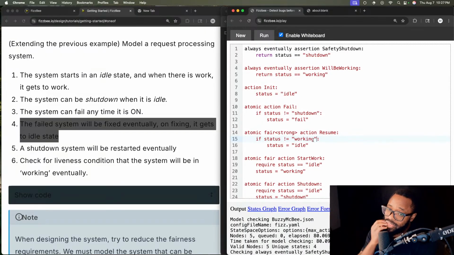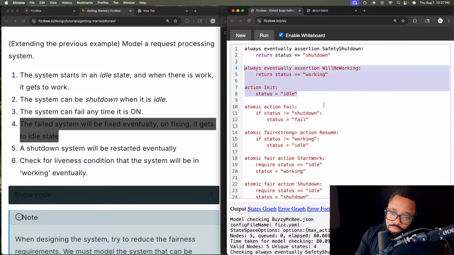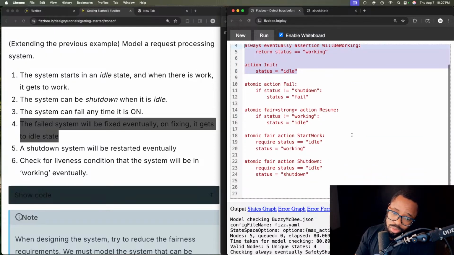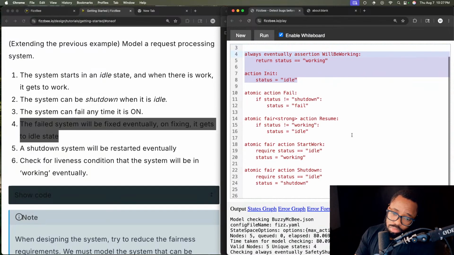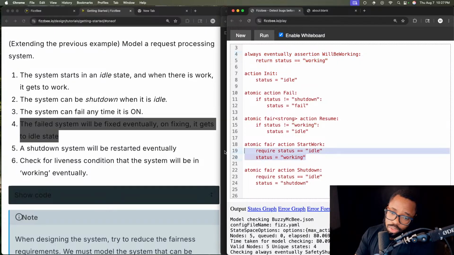Let's see. Which one of these invariants will fail in this case? So I can go to idle and then just decide to stay there. But then I will be forced to go to either working or shut down. So let's say I do that. Can I just decide to stay shut down?